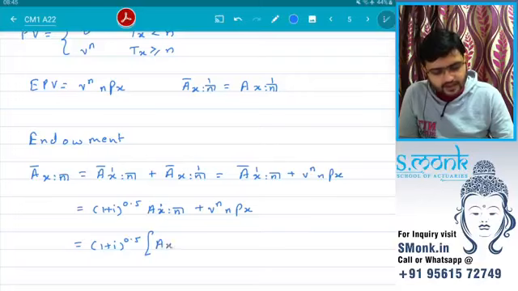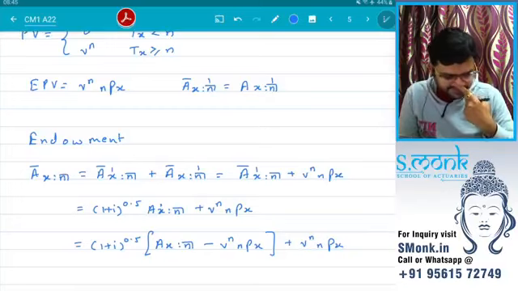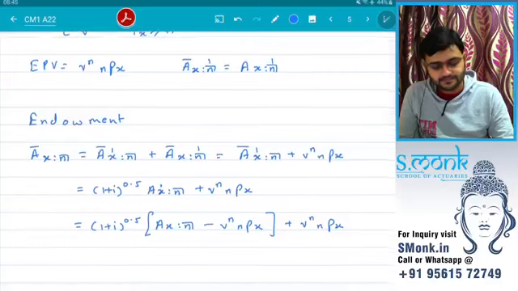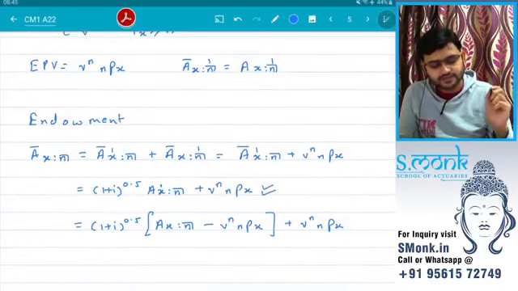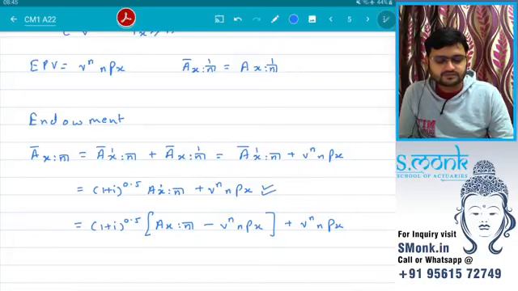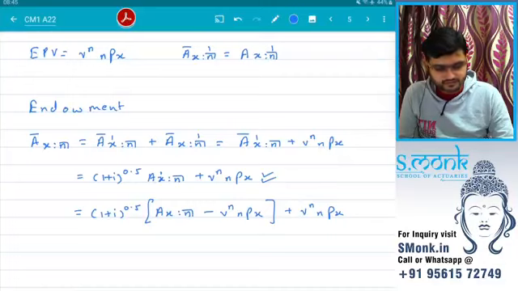So I'll have A x n minus v raised to n npx plus v raised to n npx. Of course, I prefer using this. It's just easier.